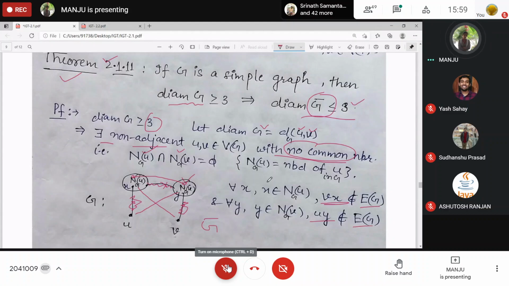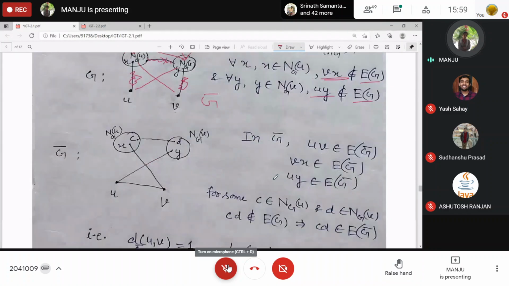Are you getting it? This is the scenario in its complement. Some other points I have just marked. So in G complement, UV will obviously be adjacent because in G that was not adjacent. Okay, that I forgot. So this UV will be adjacent in its complement. For UX, that is VX, there will be adjacency from here to here. UY as well, because they were not adjacent in G.